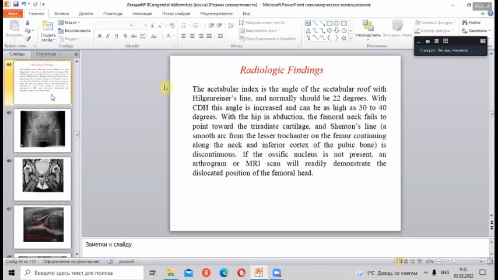If the ossific nucleus is not present, an arthrogram or MRI scan will readily demonstrate the dislocated position of the femoral head.